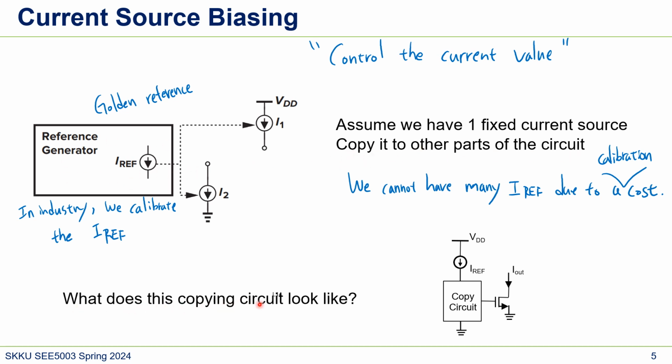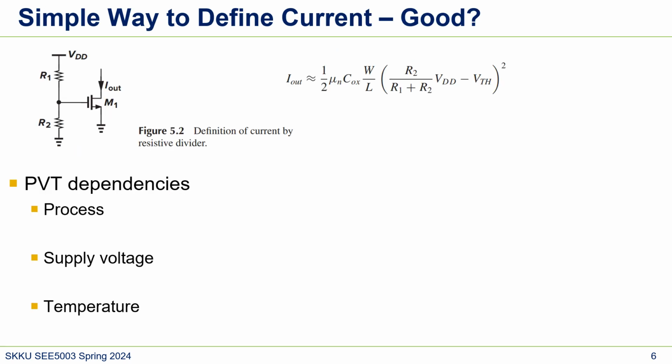So what does this copying circuit look like? It would be like this. We have a golden reference here, and then there's some copy circuit, which we will learn about today. This will generate some gate voltage, and this NMOS will operate as a current source. A very simple way we can think of is by using this circuit.